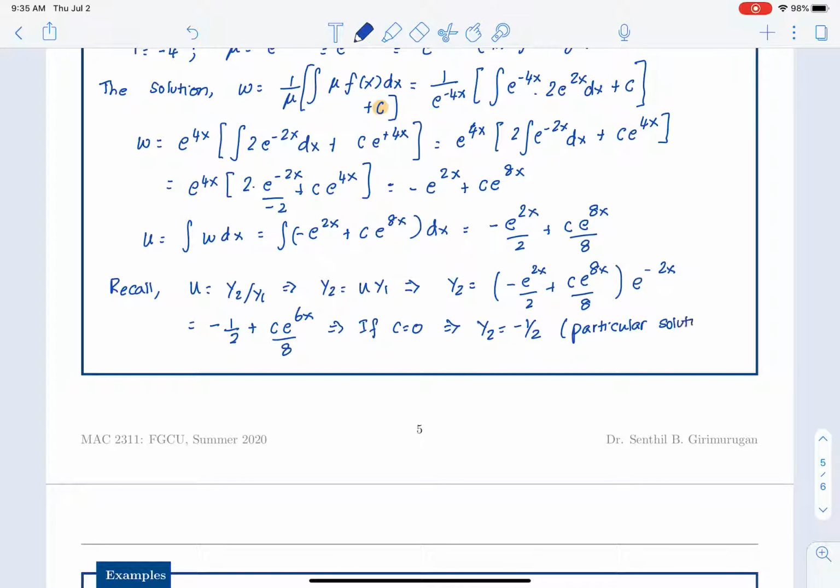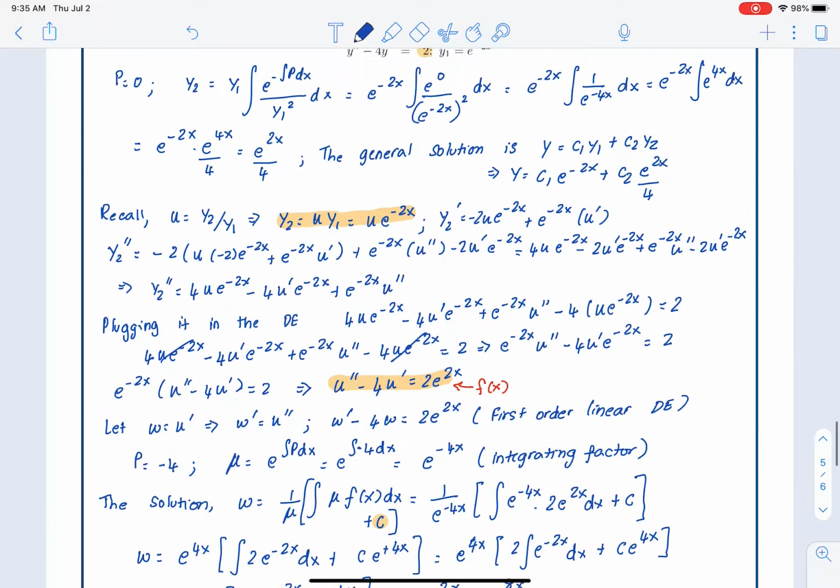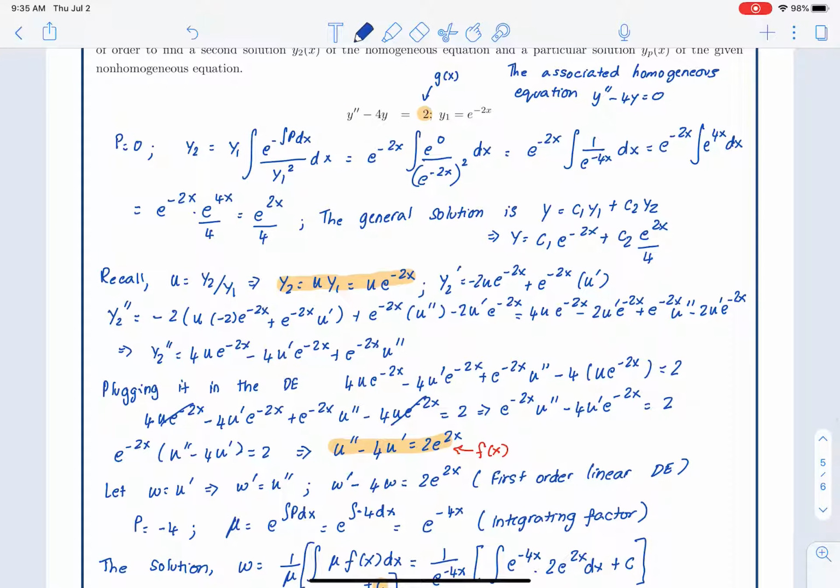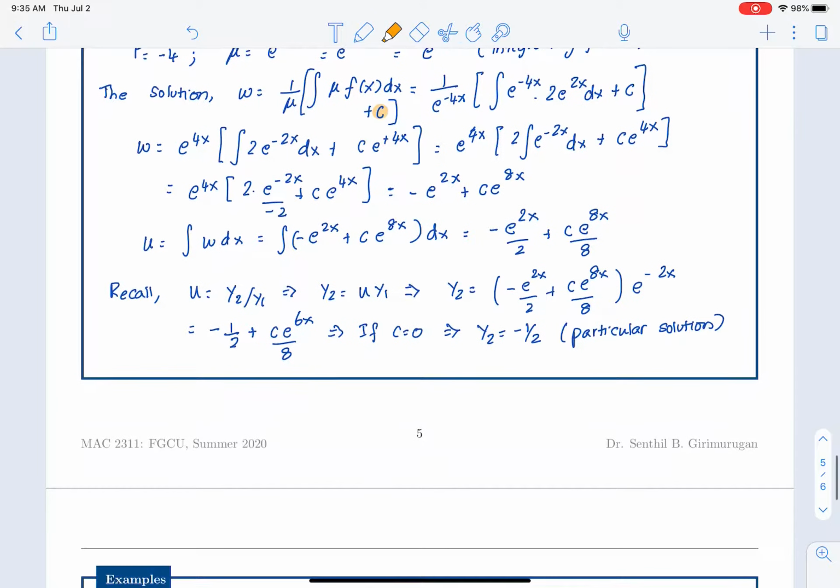So we know the general solution, which is right here. And we know the particular solution, which is negative half.